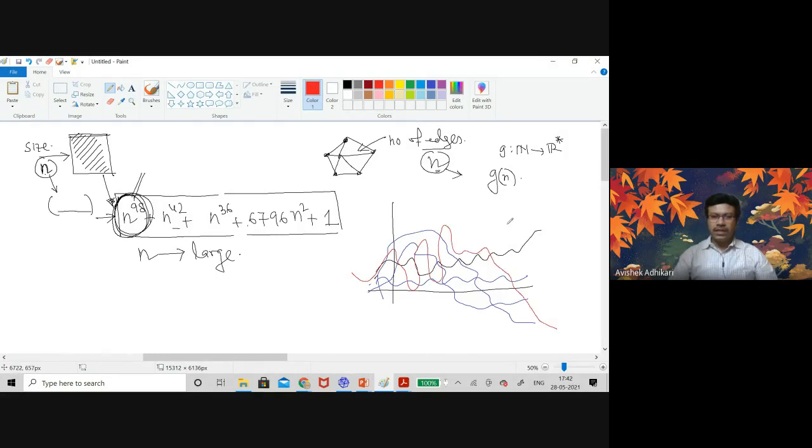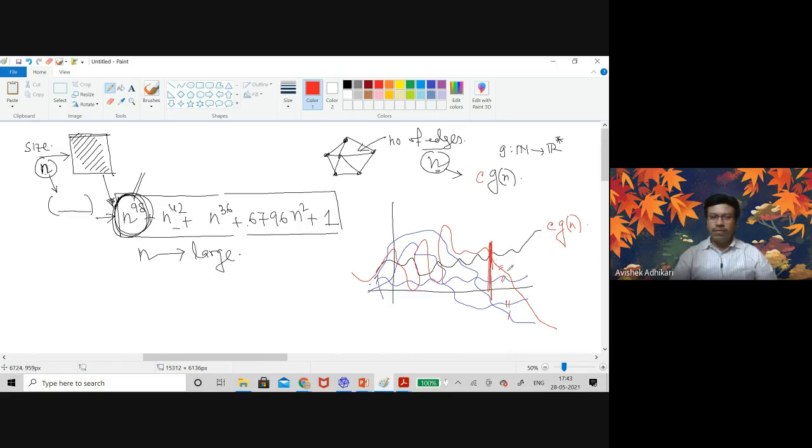You can understand that after this level, all the functions are less than some constant times the function g(n). Say this is the original function, and some constant into g(n).